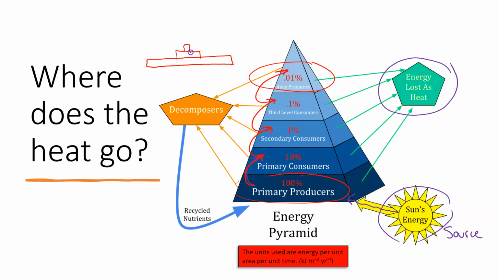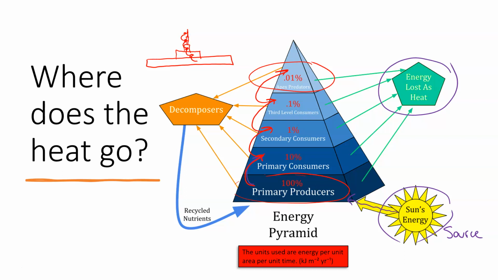The next one will be roughly 1/10 of the size of this one. This one will be roughly 1/10 the size of this one, and this one will be roughly 1/10 the size of that one. And so you'll see it pinch in very quickly, and that's to depict in a more realistic way the amount of energy that is available to the next trophic level.